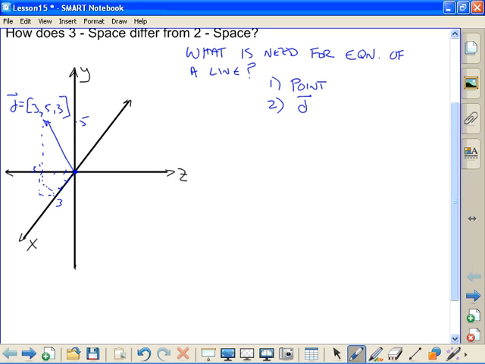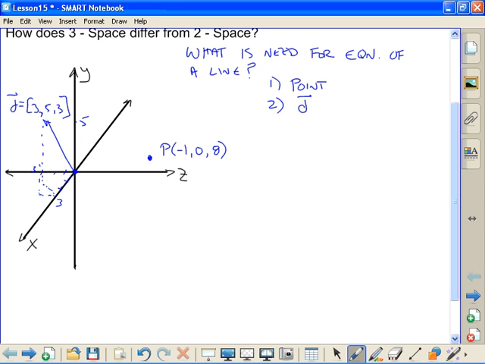And what would a coordinate look like in 3-space? Well, it could be point P, which is located at, that looks like -1. Let's say 0, it's on the y-axis. And let's say 8 on the z.